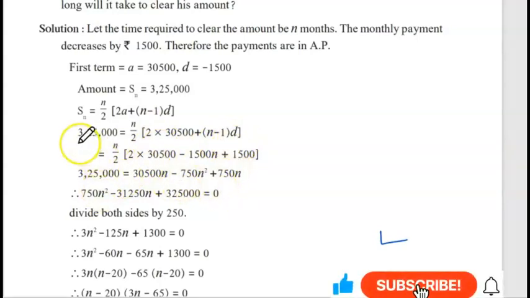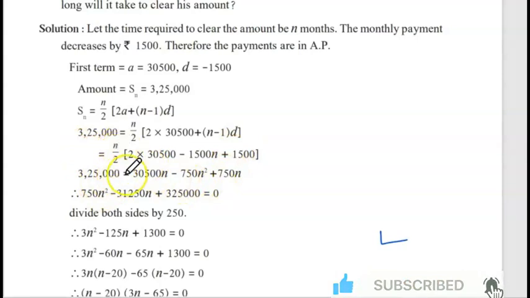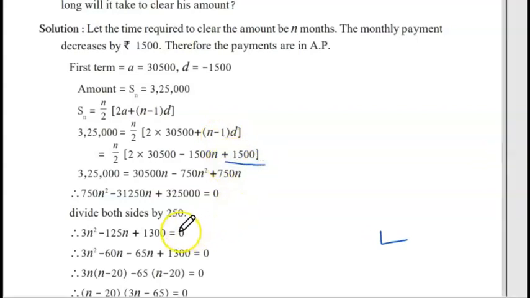If we substitute the value, then you will get here n upon 2, 2 into 30,500 minus 1,500 n, and next again minus 1,500 into minus 1, then it will become plus, and hence you will get here plus 1,500.